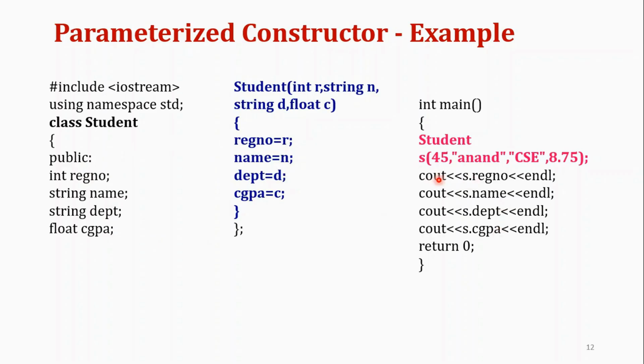And later, if I call S dot register number, name, department, CGPA, these values will be displayed. For the object S, using the parameterized constructor, the object S attributes are initialized. That is what the parameterized constructor is.